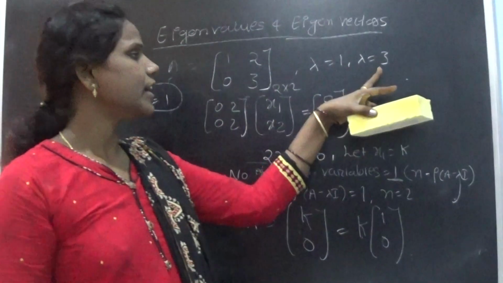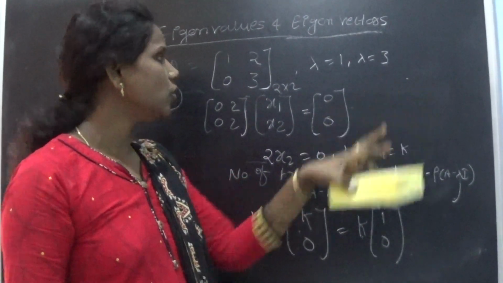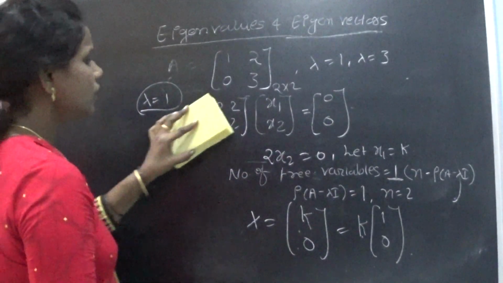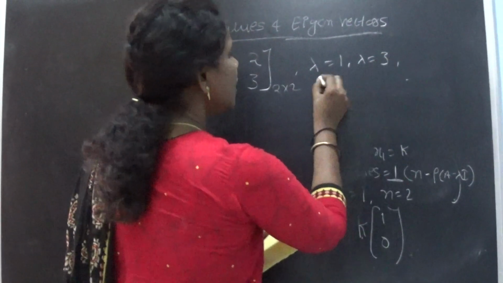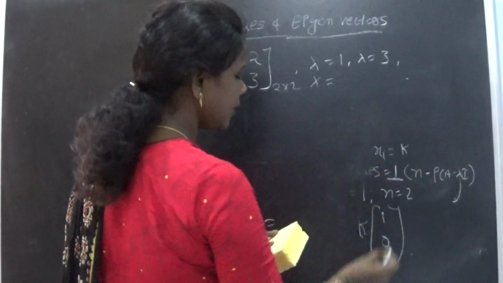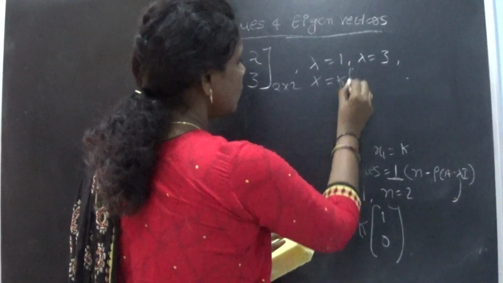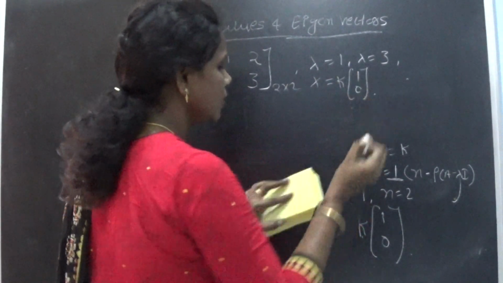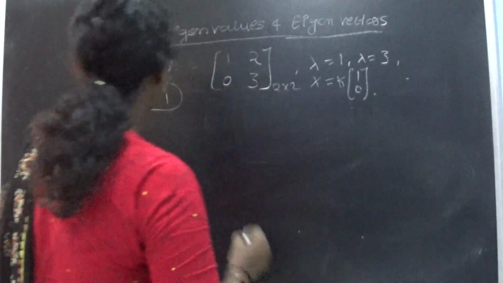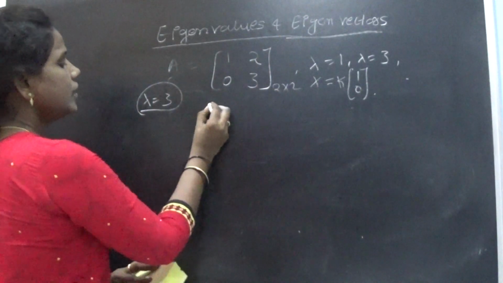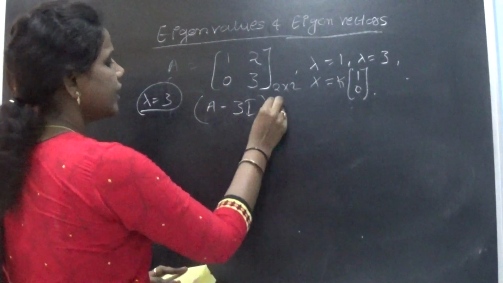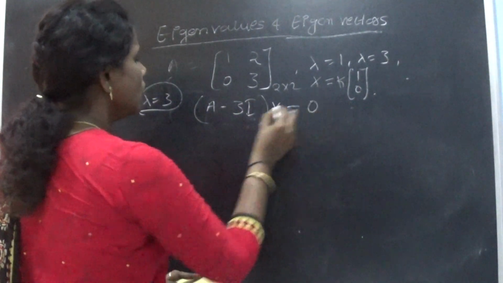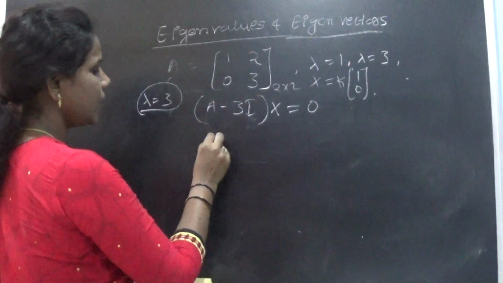Now we can get the eigenvector for lambda equals 3 also. See, let me explain that one. For lambda equals 1, the eigenvector is k into 1 comma 0. Then take lambda equals 3. Then the homogeneous equation becomes A minus 3I into x is equal to 0. Now what will be A minus 3I?